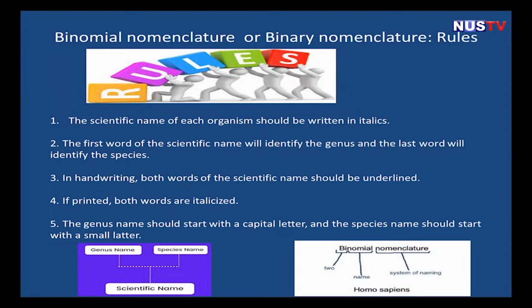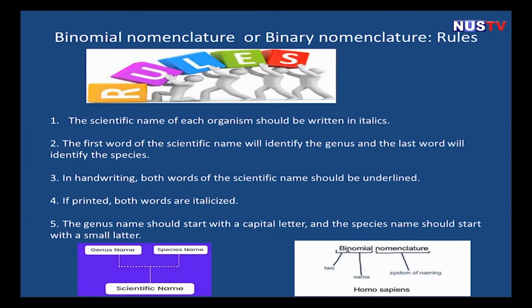The first word of the scientific name will identify the genus, and the last word will identify the species. If you're writing it in handwriting, both words of the scientific name, so both the genus and the species, should be underlined. If printed, so if you're typing it within a computer and you print it out on paper, both words need to be italicized.